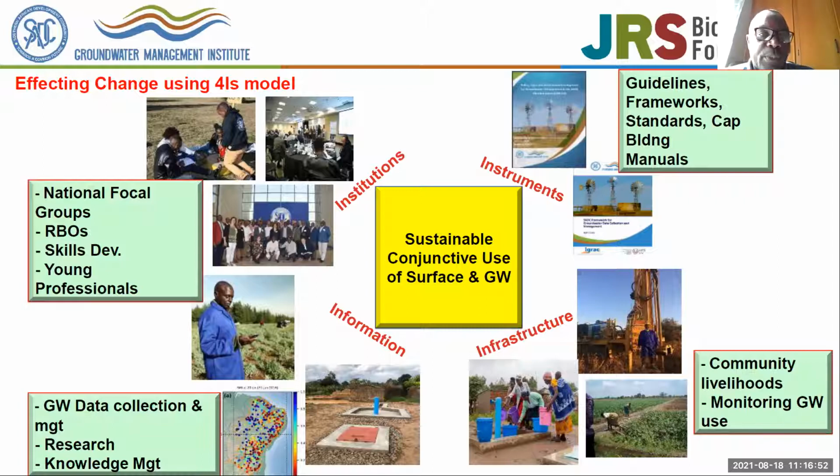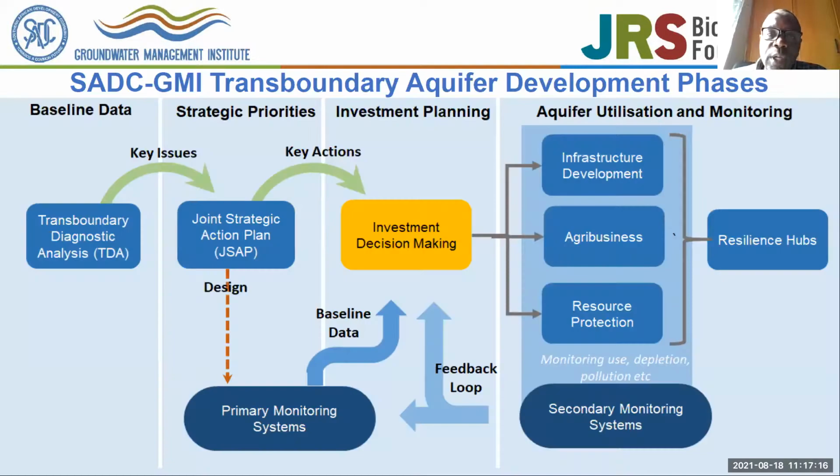On institutions, we are supporting, of course, the different countries and other institutions, including the river basin organizations, to conjunctively manage the resources that fall under their ambit. And we also produce guidelines and instruments, including frameworks to guide the different players in the management and conjunctive utilization of the resources that we have in our region.